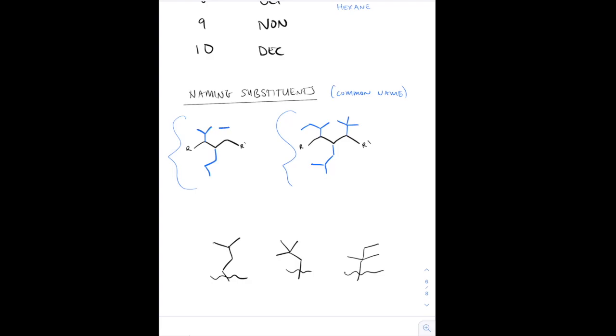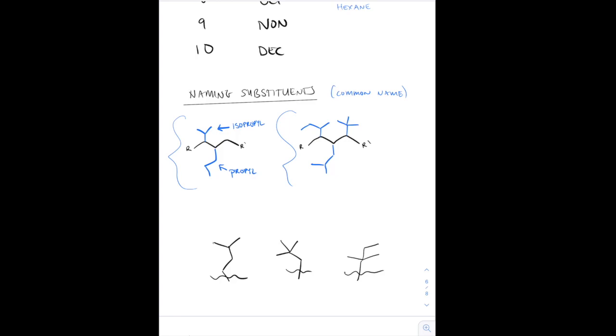So this group right here is called isopropyl. This group right here is just a propyl group. Obviously that propyl group follows the IUPAC rules, but I wanted it there so we could differentiate between the propyl and the isopropyl group.